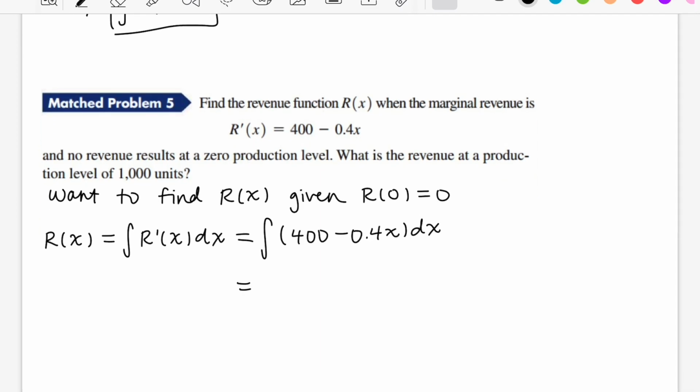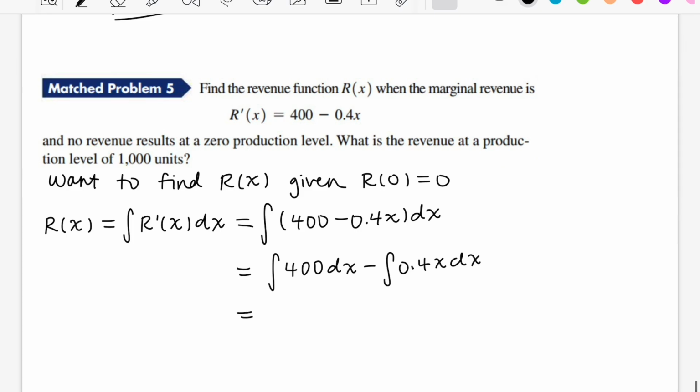Splitting these up, taking the integral of 400 minus the integral of 0.4x. If we pull this 400 out, we're just going to get the integral of 1 dx, which we know is x, and then we multiply that by the constant that we took out, which is 400. So I'm just going to write 400x here, plus c.